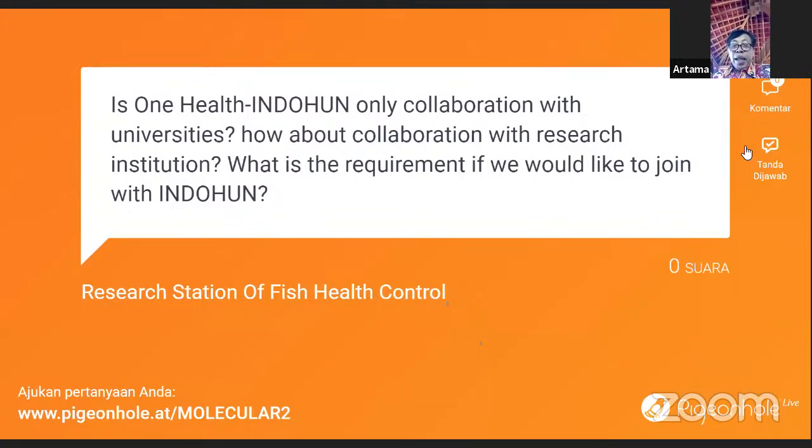In each country we already have networks, like Indohoon in Indonesia, Myhun in Malaysia, and Tohun in Thailand, and also Myanmar, the Philippines, Cambodia. All Asian countries have established One Health networks. Besides the One Health network, there is also a GRIS network in regional Southeast Asia.